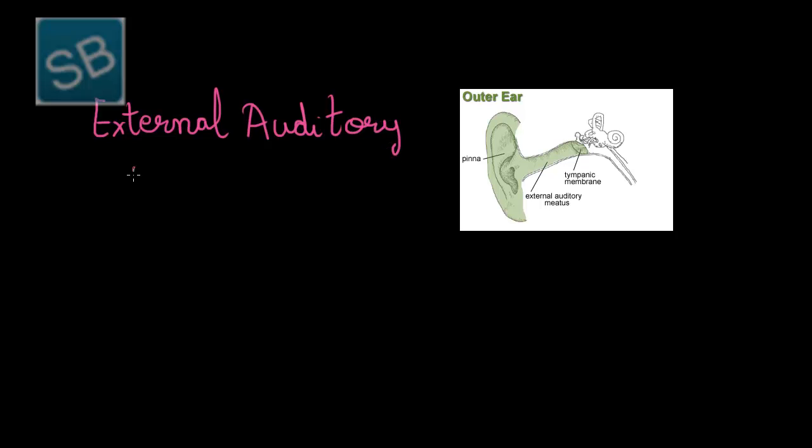Then the second part of outer ear is external auditory meatus. This region is also known as canal.